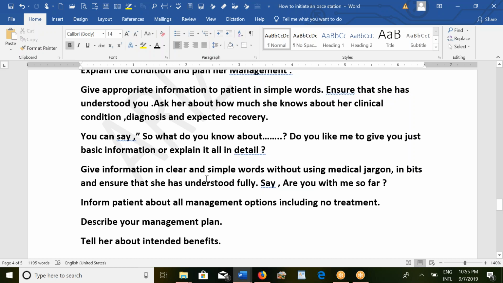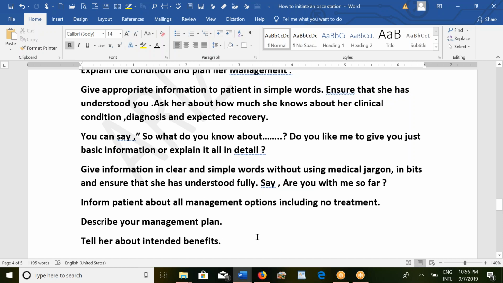Give information in clear and simple words without using medical jargon, in bits, and ensure that she has understood fully. Are you with me so far? Inform patient about all management options, including no treatment. Describe your management plan.